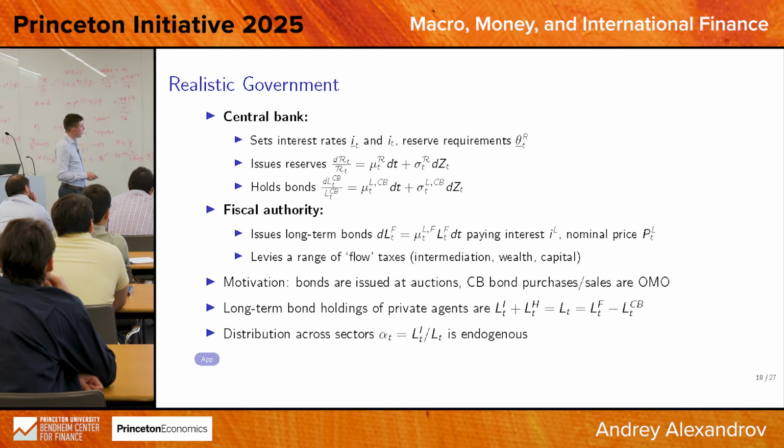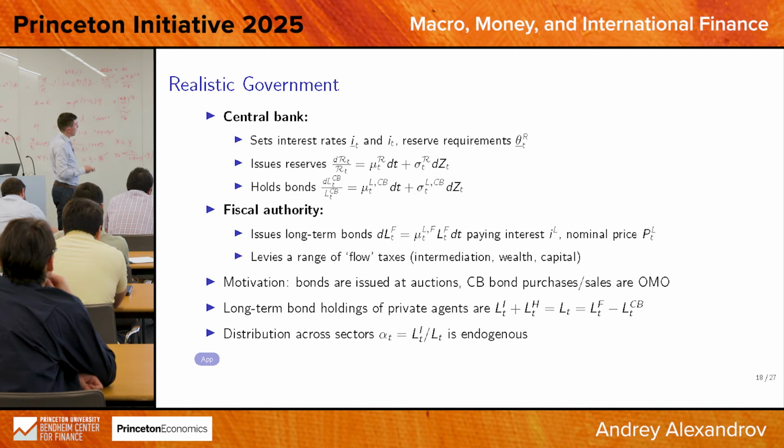Then we have a new variable alpha, the share of long-term bond holdings of intermediaries among all the long-term bonds held by private agents. So alpha is L_i divided by L_i plus L_H. That's the distribution of long-term bonds across private agents.